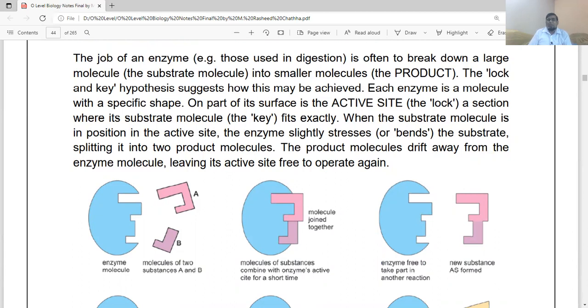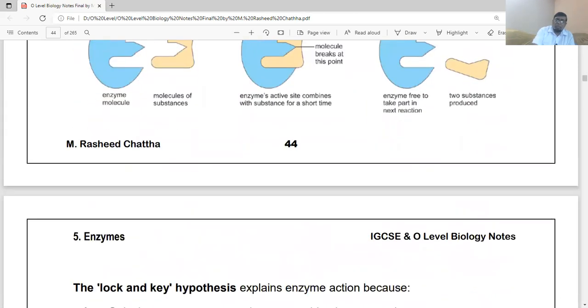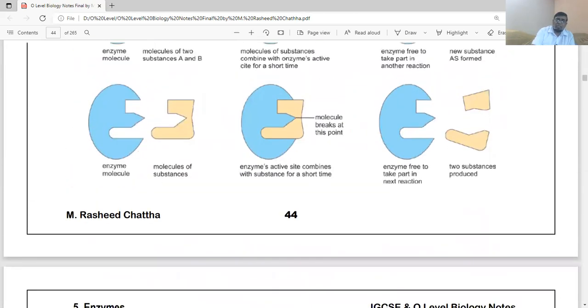In this way, in the diagram, A and B are the substrates. They come close to the enzyme molecule, then they make an enzyme substrate complex, and then the enzyme converts the substrates into the product. So a new product will be formed and then the enzyme becomes free to be used again. So this was the synthesis enzyme.